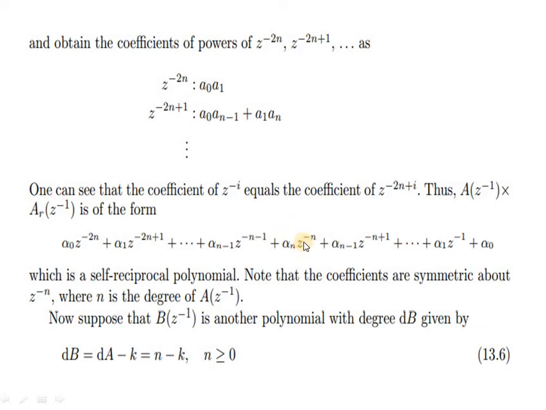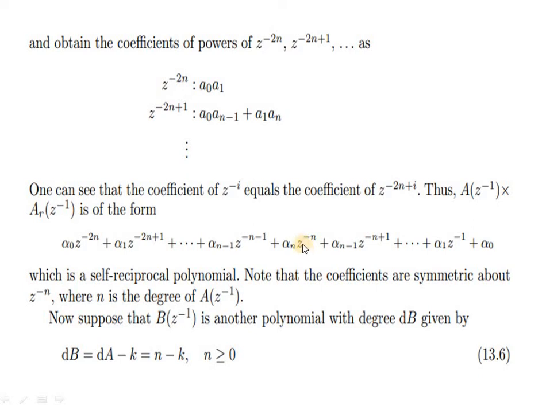Why is this symmetrical about z raised to minus n? Because we consider that our polynomial is of degree n, therefore the polynomial a is symmetrical about z raised to minus n. What is meant by symmetric?